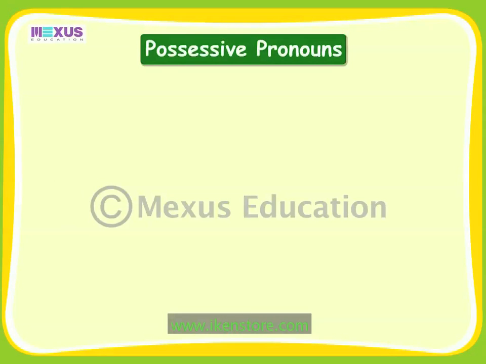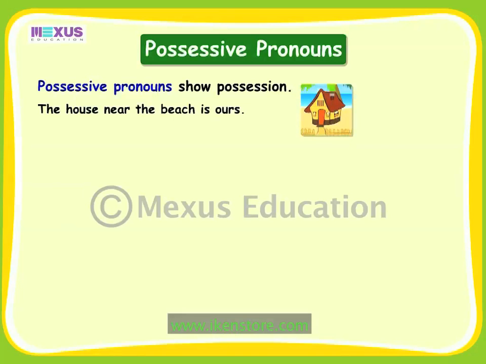There is another class of pronouns that fall under personal pronouns. We call them possessive pronouns. Possessive pronouns show possession. For example, the house near the beach is ours. Those books are mine.